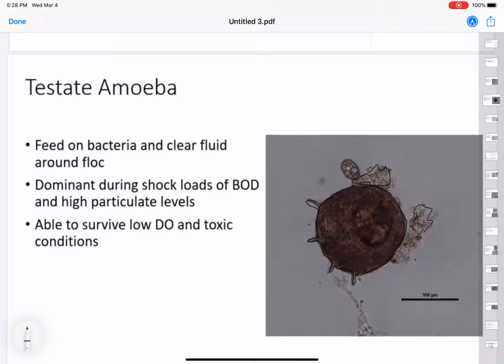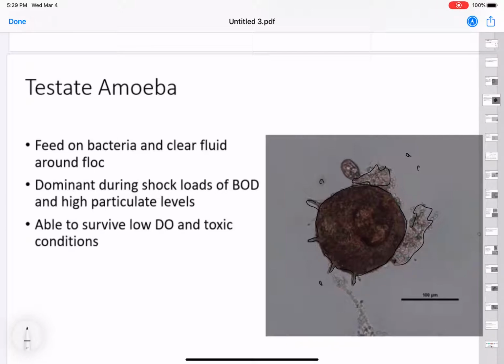It's feeding on the clear fluid around the floc, and also on bacteria. So this testate amoeba is eating bacteria on the floc and feeding on the bacteria around in the fluid all over. There might be some bacteria around that this amoeba should be looking for too.